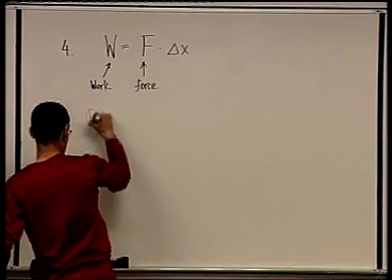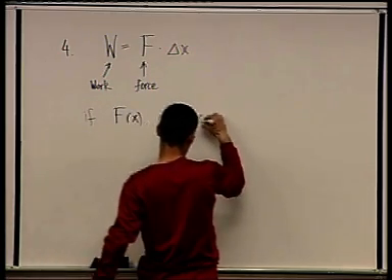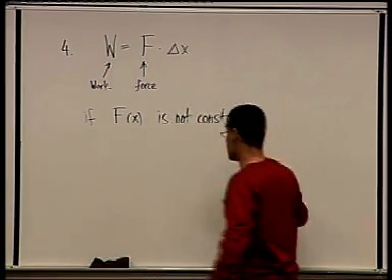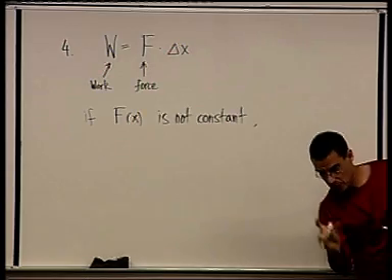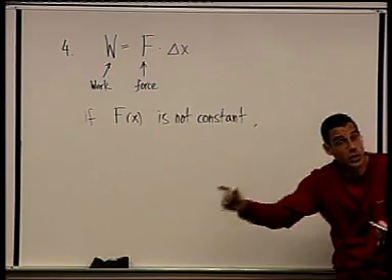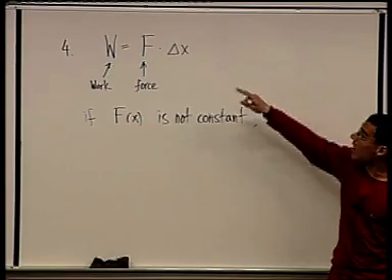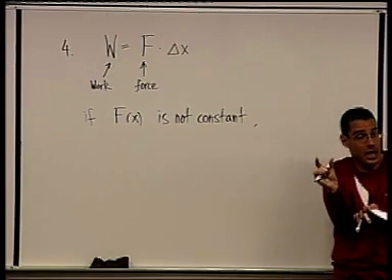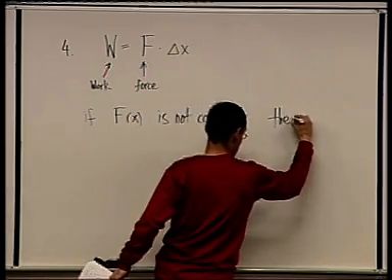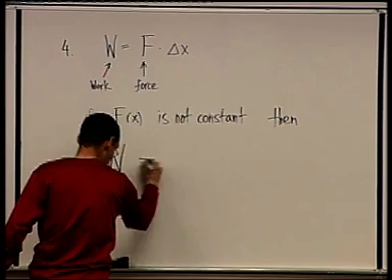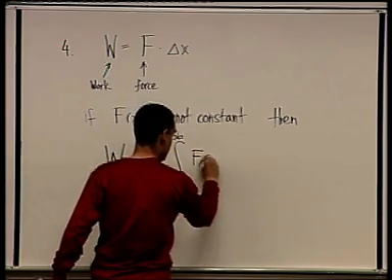So if f of x is not constant, then just like before, I would break the distance along which I am applying this force into little distances, assume the force is constant on each little distance, so I would get a sum of f at c_i times delta x_i's, and in the limit, we will get that the total work done, which is still a number, is given by the integral from a to b of f of x dx.